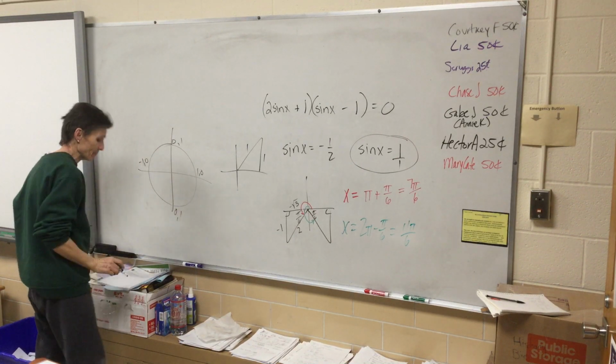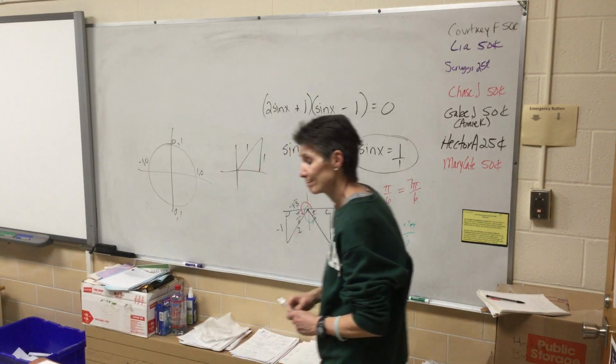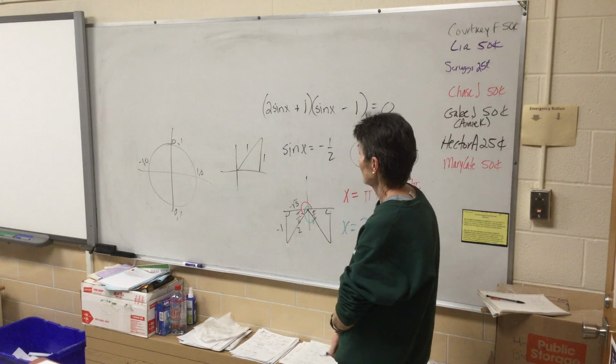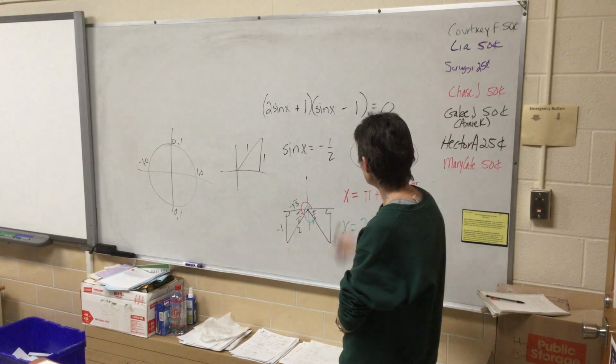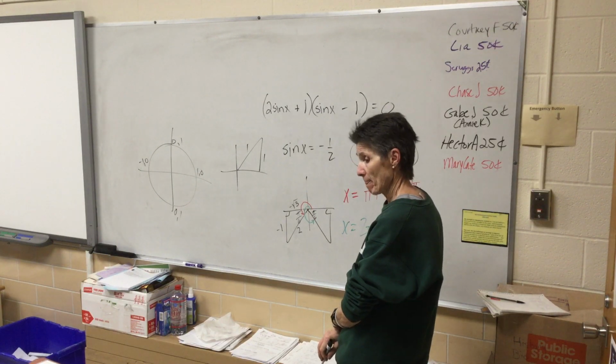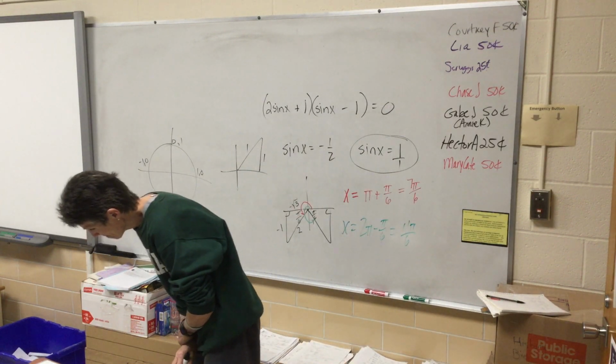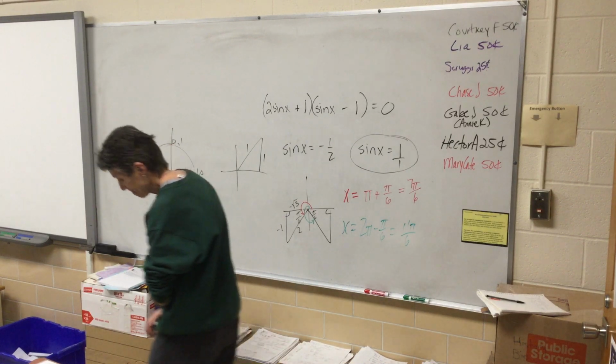Where does it happen that y is 1? I need y to be 1. I need sine to be 1. Where does that happen? 0, 1, and then 0, -1.